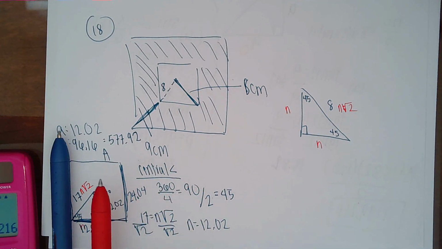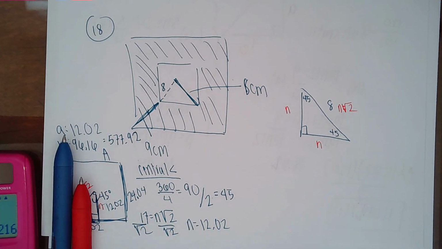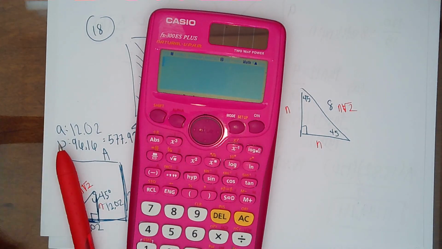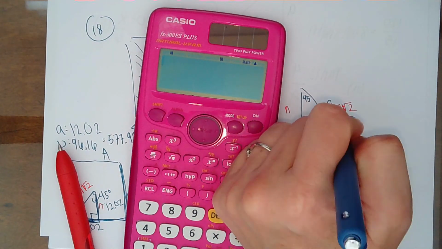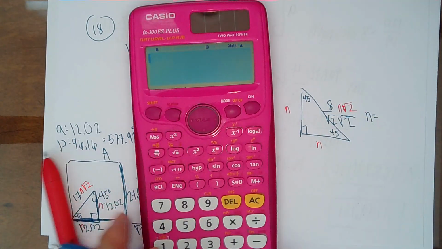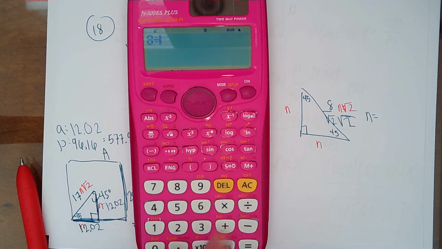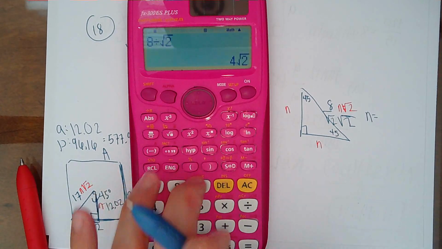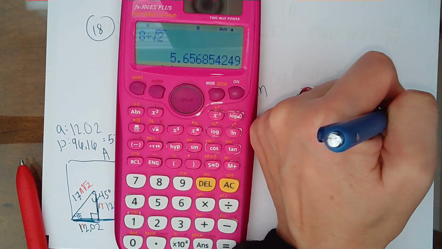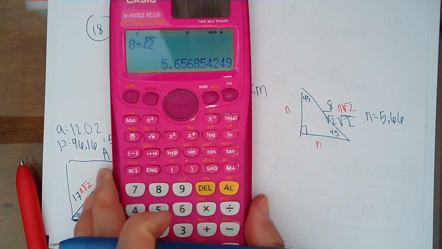Okay, so again, I'm going to let you guys divide in your calculator. So you're going to go ahead and divide by rad 2. You'll have n equals 8 divided by rad 2. And you'll end up with 5.66, let's just say.